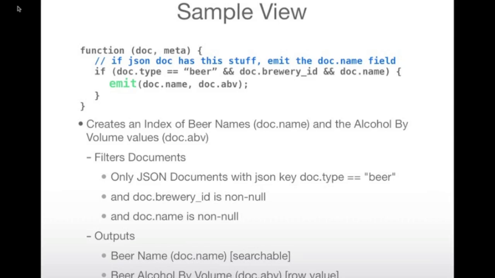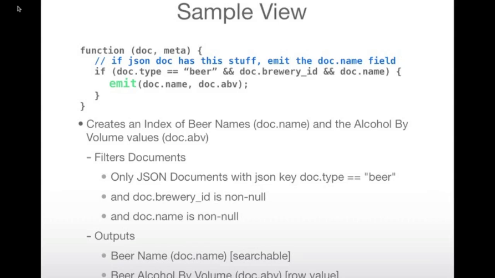So what we're doing with this map function is filtering. If we have a document whose type says it's a user document, it'll be ejected immediately based on that if statement, so it won't emit into this index. I'm creating an index here of beer names and alcohol by volume. Anything that doesn't match that if statement won't be included.